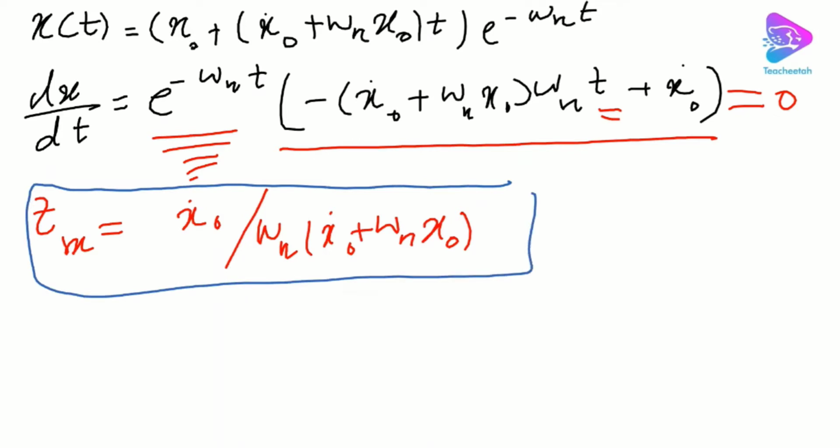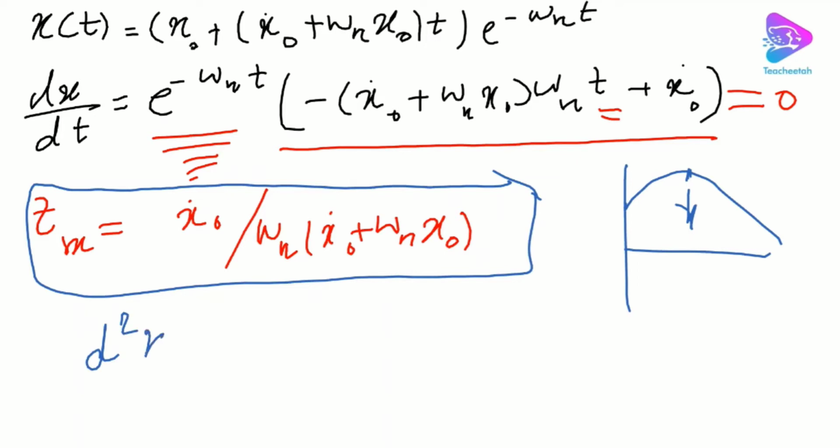But we need to ensure that for this response, the concavity is downward, so that we basically have this behavior, right? And there is a maximum, so the concavity is downward. As you remember from your math courses, to ensure that, we need to find the second derivative, d2x over dt squared, and determine whether it is positive or negative.